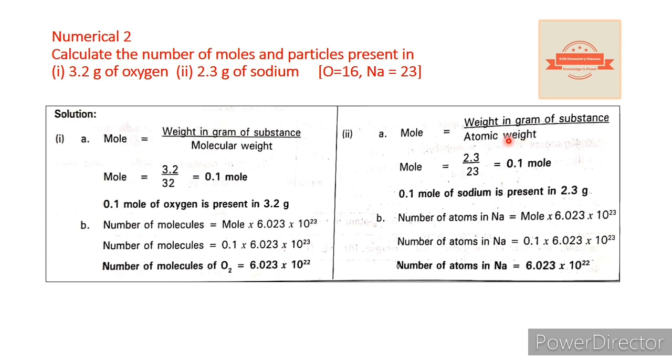So we take atomic weight 23. So number of moles of sodium becomes 2.3, mass given of sodium, divided by atomic weight 23, equal to 0.1 mole. So number of atoms present in sodium equal to number of moles 0.1 into Avogadro number.